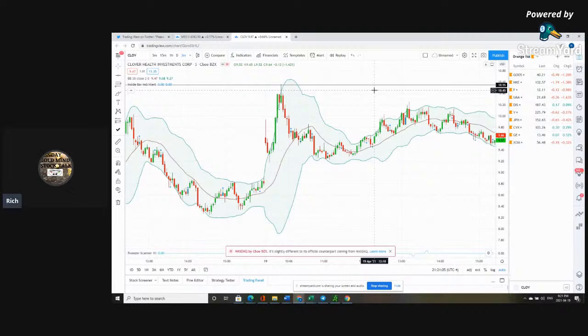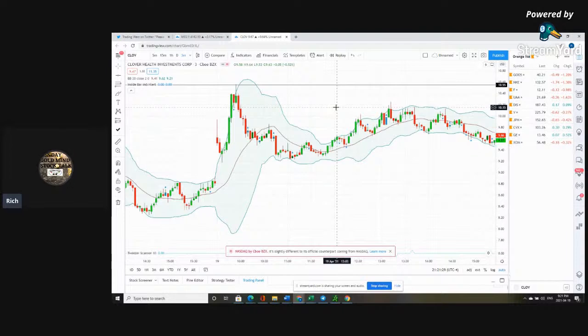So let me expand your consciousness today. Let's look at something different. Everybody trades on the 5-minute and the 15 and the hourly. Let's look at the 3-minute today, and let's look at the opportunities. We know where the 382 retracement is on the higher time frames at $10.55.